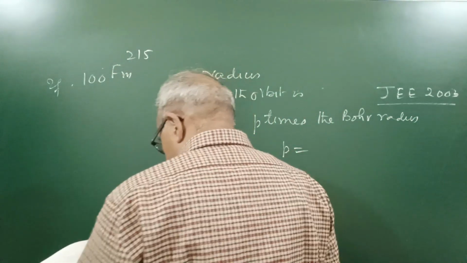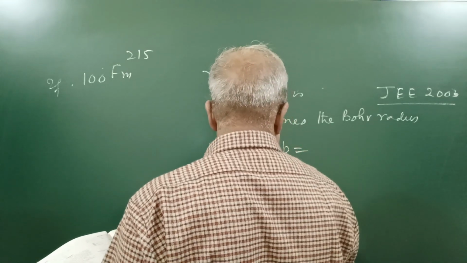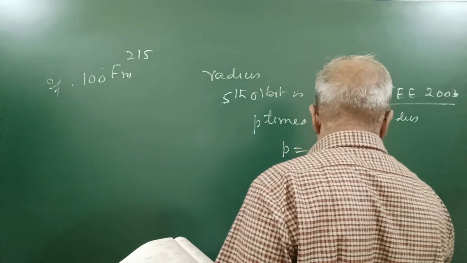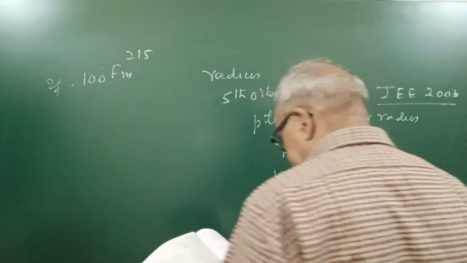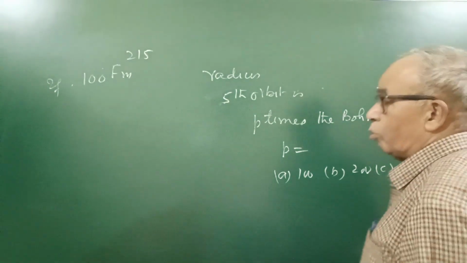So P equal to, दिया है उन्हें, A 100, B 200, C 4 and D 1/4. These are options.